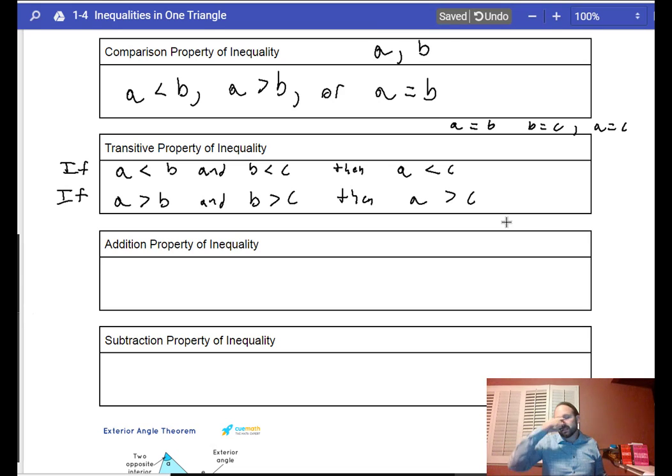Let's go on. We have the addition property of inequality.